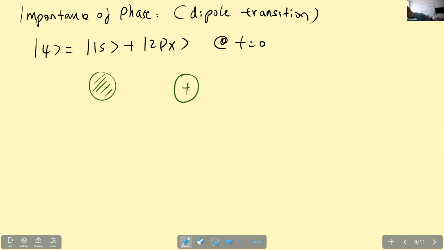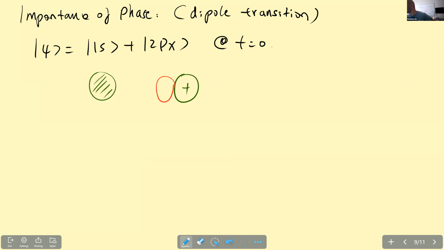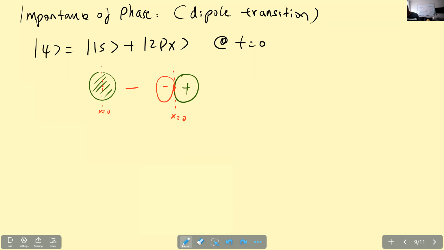But you also have a negative part. So this one is x equal to 0, and this one is x equal to 0. Now if you add these two, what will be the result? So this is psi 1s, this is psi 2px.